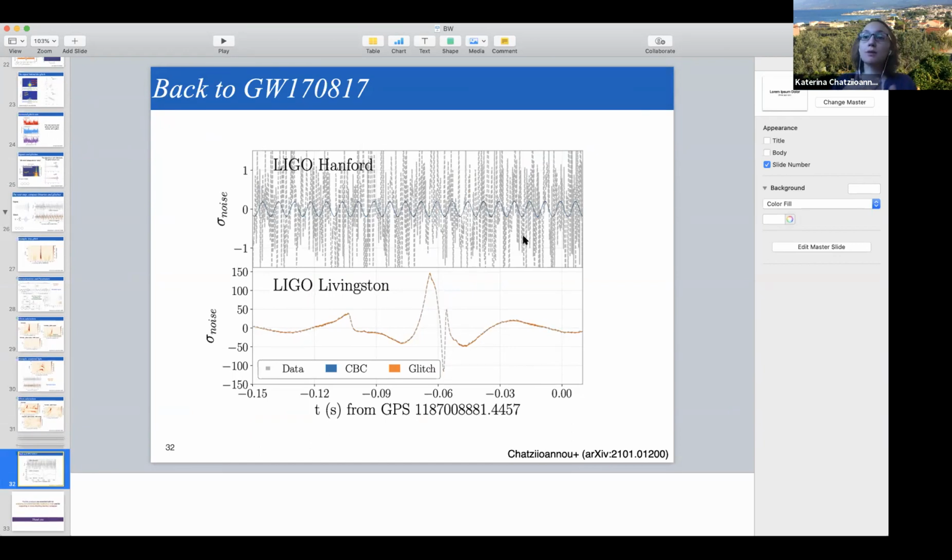But if it's something really below the noise, you cannot extract it. You need something above the noise, because you don't assume the nice phase coherence you have for binary black holes. For a signal like 170817, it's this that brings you on top of the noise, and you have a detection. So when you don't assume that, then you cannot see things that are really below the noise level.